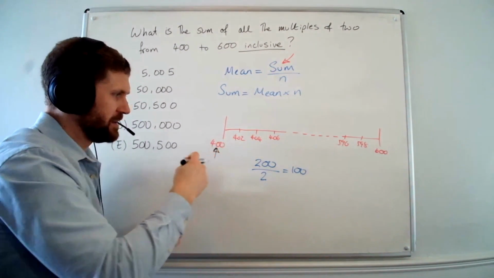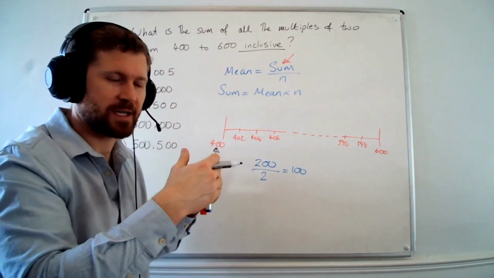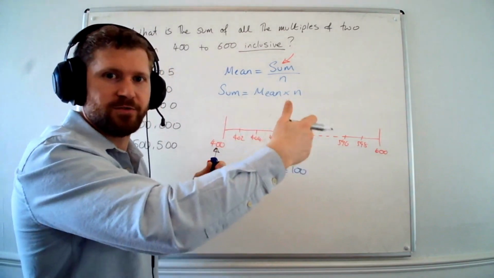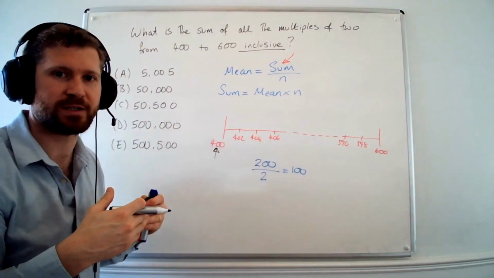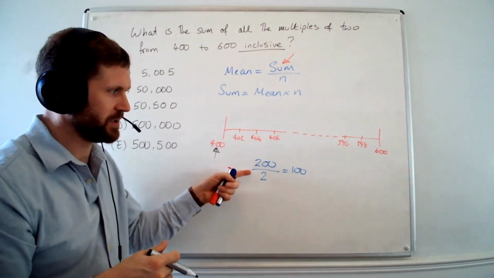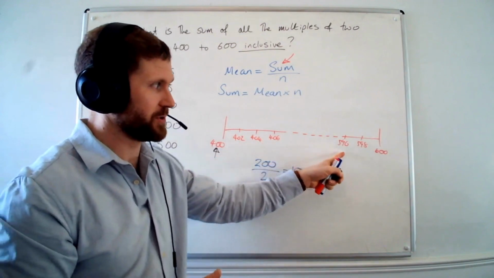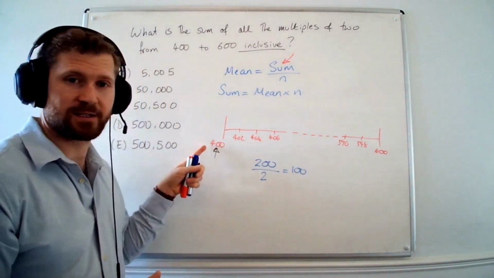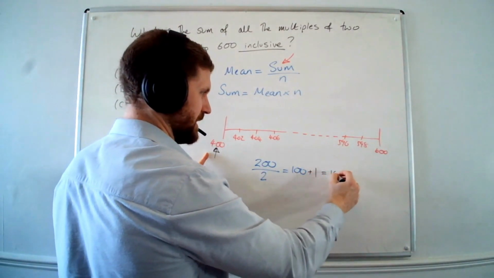So in the last case, when we had that road example, the 20 came from 16, 32, 48, all the way up to 320. It didn't include the 0 point. In the same way here, this 200 divided by 2, well, that's 402, 404, 406, all the way up to 600. It doesn't include this 400. So I need to add on 1 here to get 101.